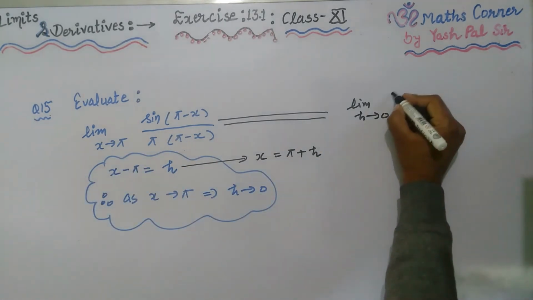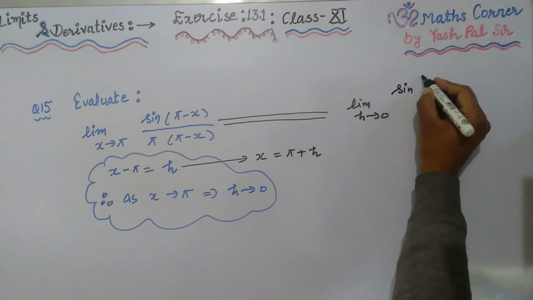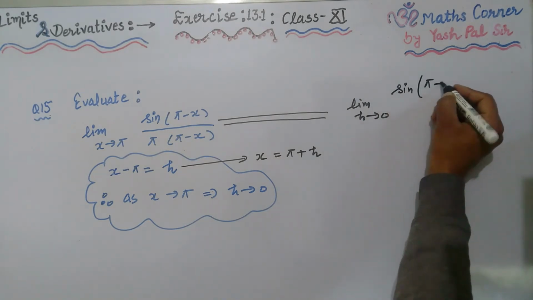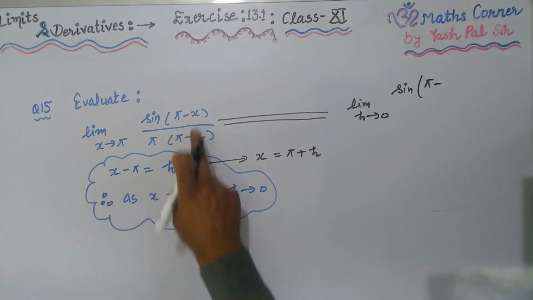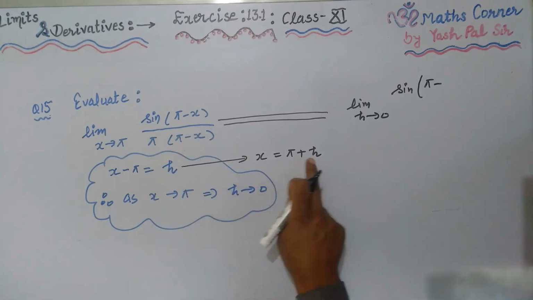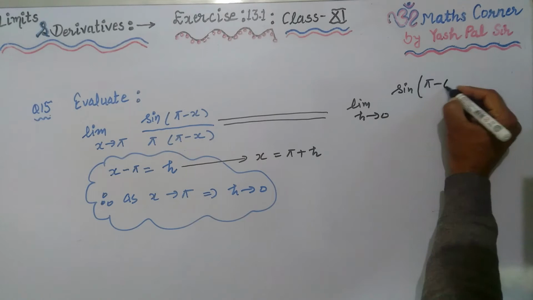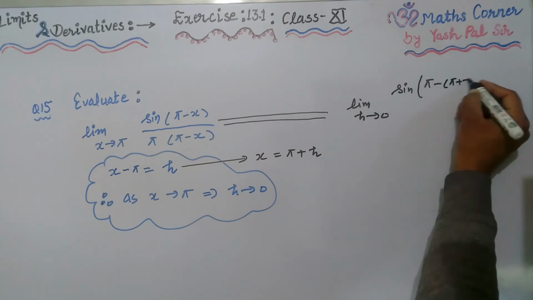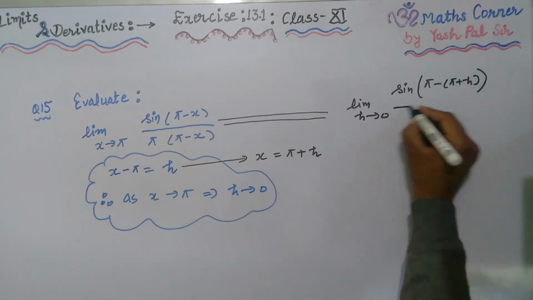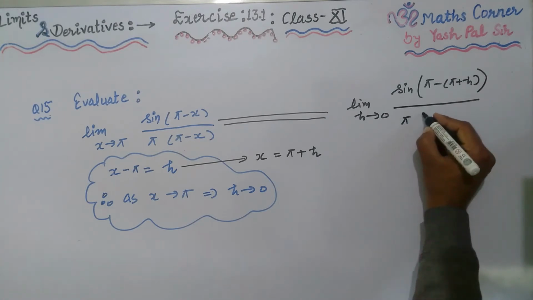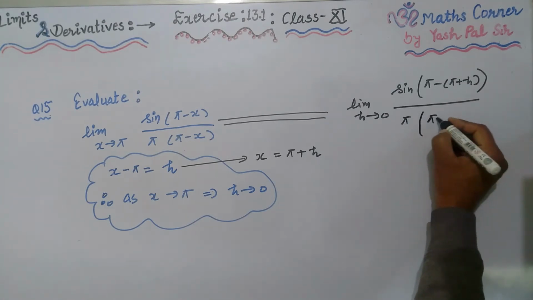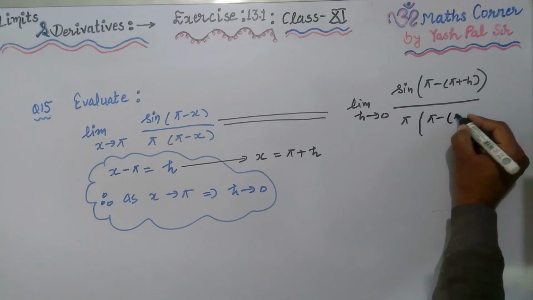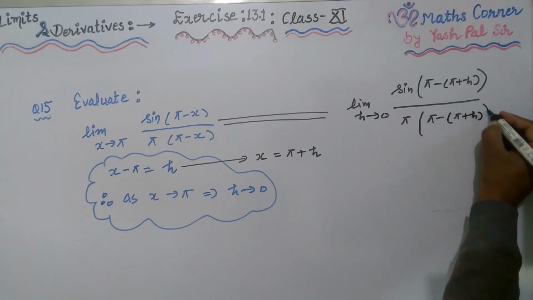So in the numerator, sin of pi minus x, where x is pi plus h. In the denominator again pi into pi minus x, meaning pi plus h, right?